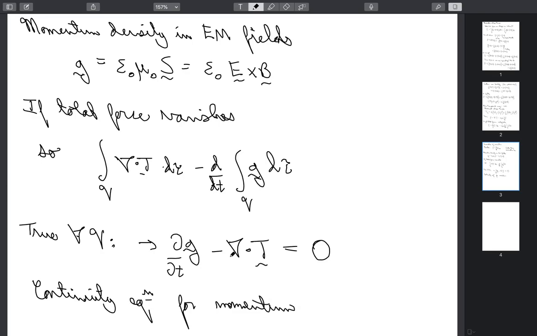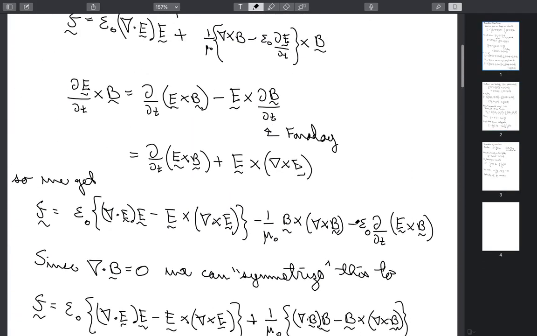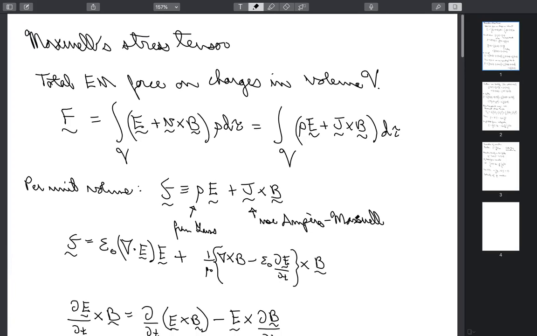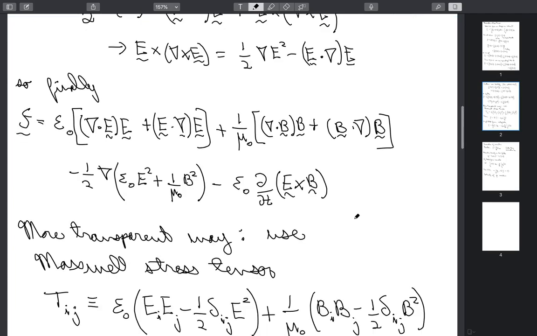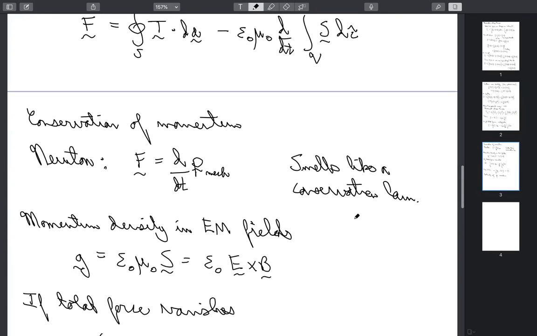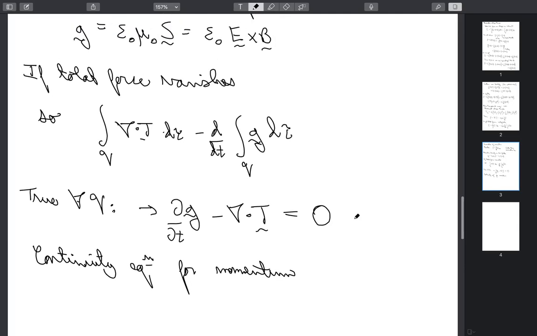You remember what we had before. We had the continuity equation, actually in a different notebook, for charge, and then the continuity equation for the energy density. This is an equation precisely of the same form.